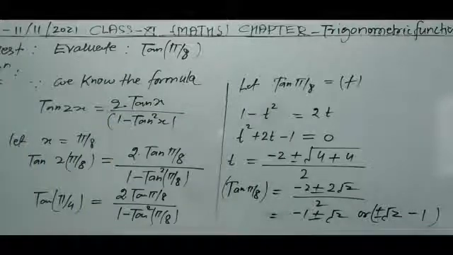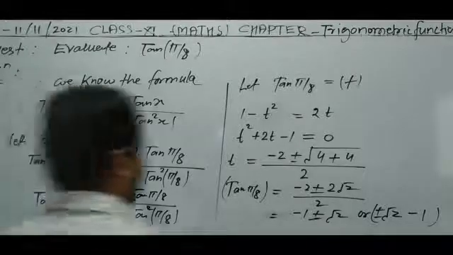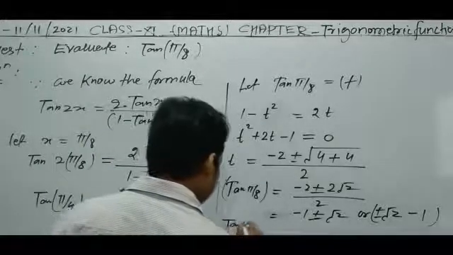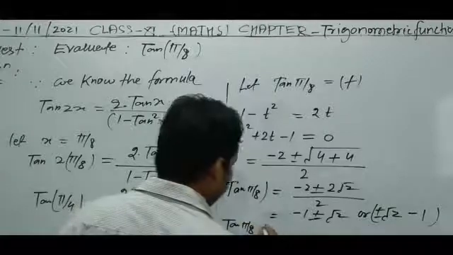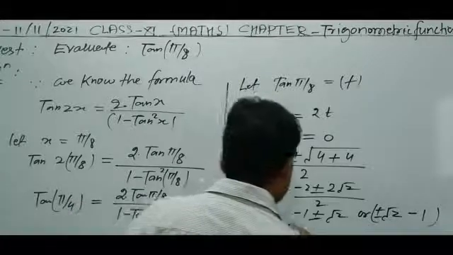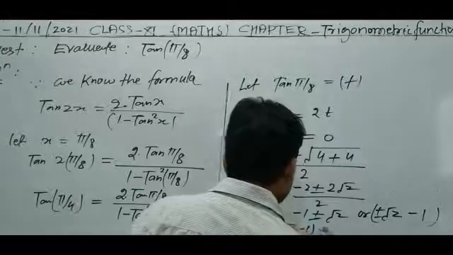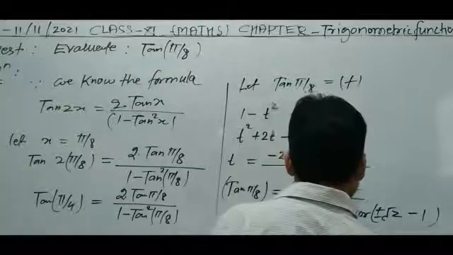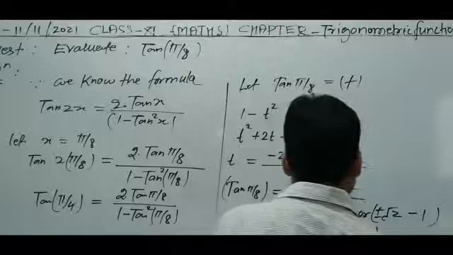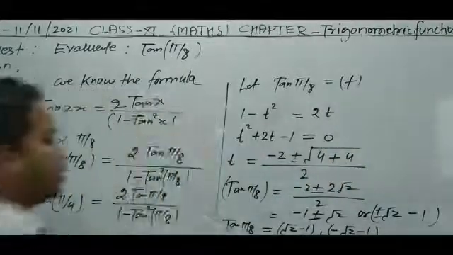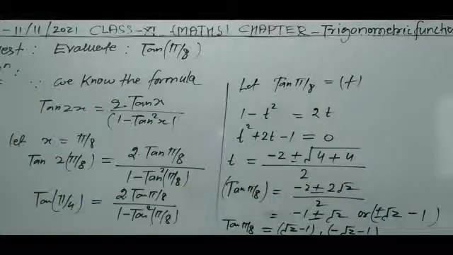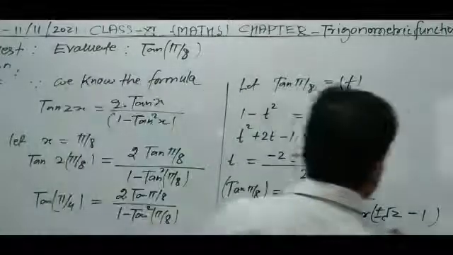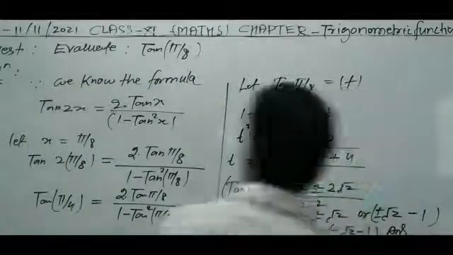And plus minus root 2 minus 1 means there are 2 values. So tan pi by 8 we can write root 2 minus 1, comma, minus root 2 minus 1. So this is the answer. Now you can see.